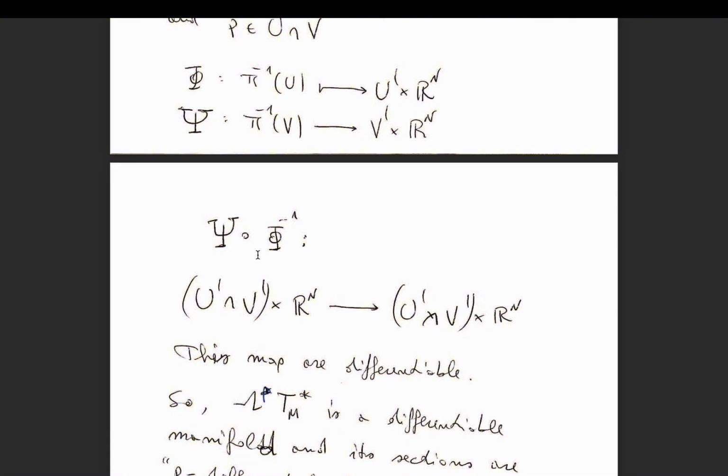This map goes from U prime intersecting V prime times R to the power of capital M into U prime intersecting V prime times R to the power of capital M.